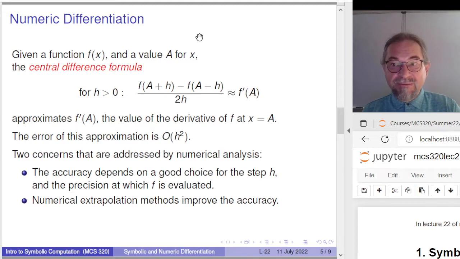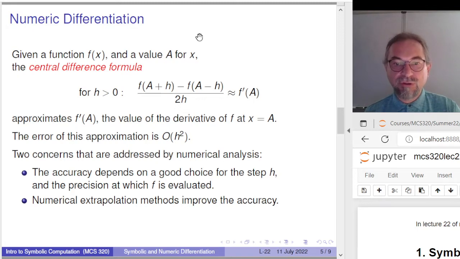So this has the benefit that this is just a simple one-step process. The cost is twice evaluating the function, so if you can evaluate the function fast, then this will go almost as fast as evaluating the function, and it will give you directly a numerical result.